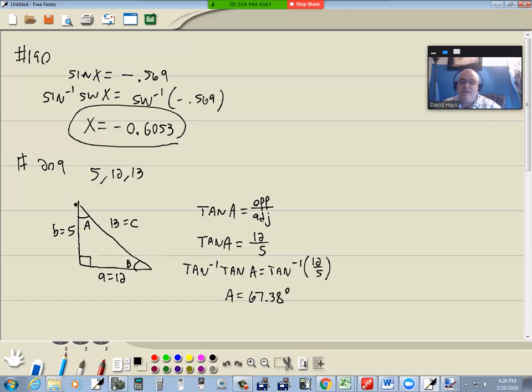Now, if it's a right triangle, well, actually any triangle, we know it's 180 degrees, but a right triangle tells us this is 90, and so these two have to add up to 90. So to find B, I simply have to subtract A from 90. So I do 90 minus 67.38.